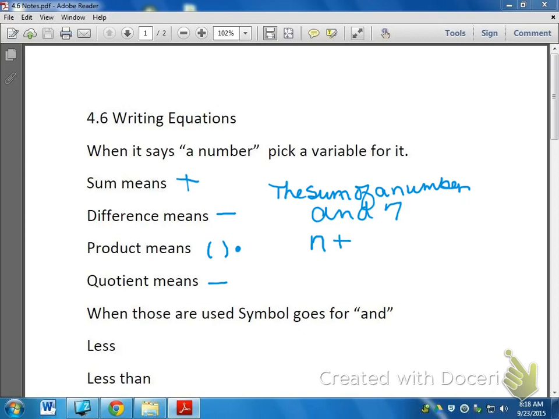Sum means you'd put a plus there. A number and 7. So when you see that kind, that's where you put your operation symbol between those, wherever the word and is.